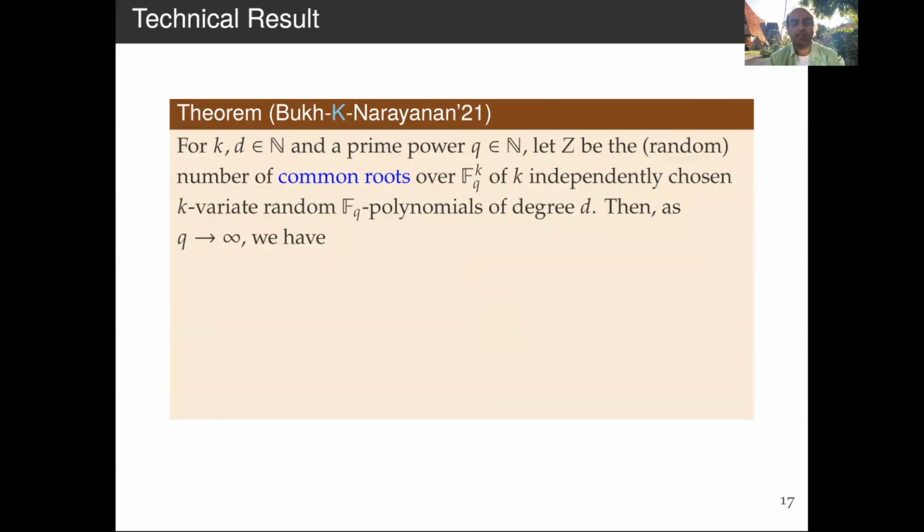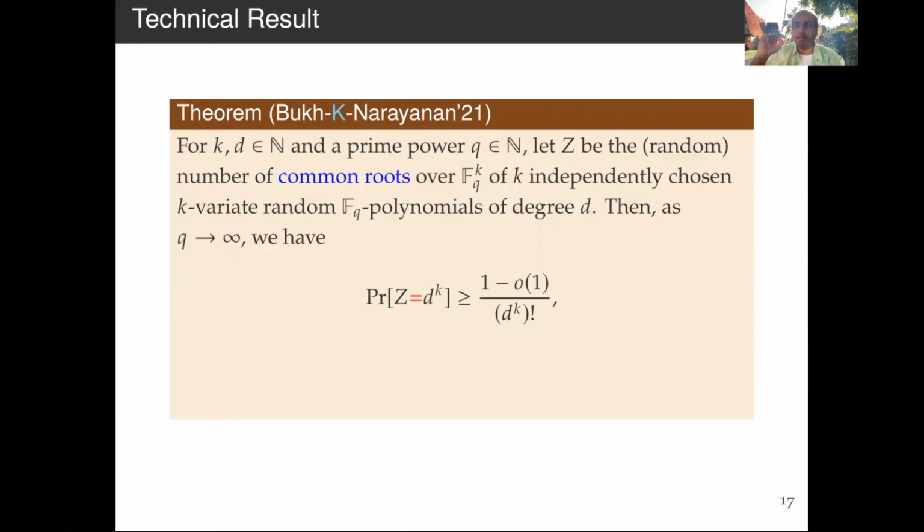Now, our technical result is that we prove a probabilistic analog of Bézout's theorem, where we say that if we pick k independent k-variate random polynomials of degree little d, then for the number of common roots Z over F_q to the k, there is a strong threshold phenomenon.